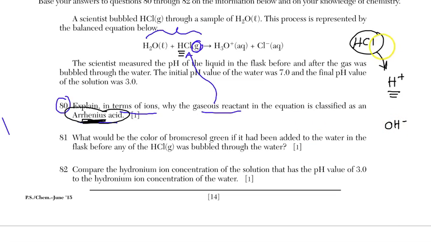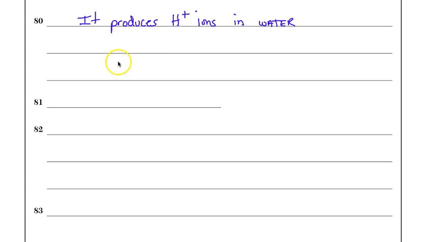But the acid definition, you're H pluses. I've seen this in a multiple choice question millions of times. Now it's part of part 2. So the most simplistic answer for Arrhenius is it produces H plus ions in water. Okay, so that's just it.